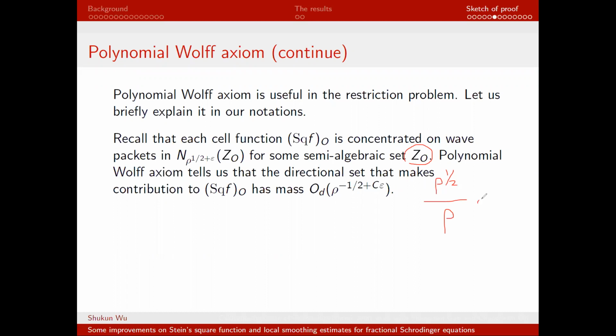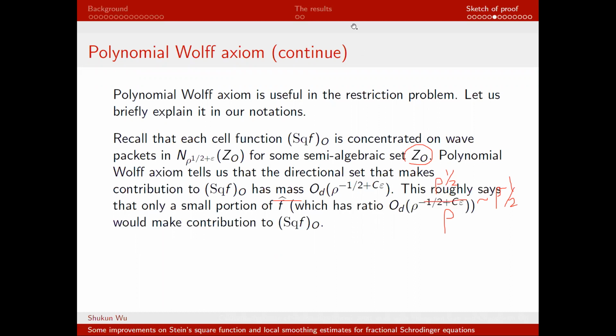So the ratio is rho to the negative half. So that's what I mean by mass. And yeah, so this roughly says that only a small portion of F hat, which has the same ratio here, will make contribution to this cell function.